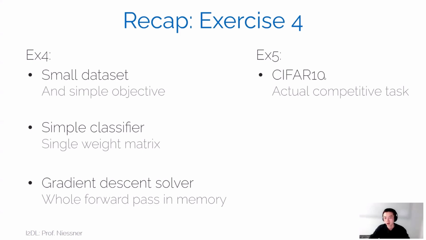It's actually a very competitive task to do the image classification, and CIFAR-10 and also CIFAR-100 are still popular for the machine learning and deep learning community to train new neural networks. Here we use CIFAR-10 to do the training, and we also introduce modularized networks with the chain rule.